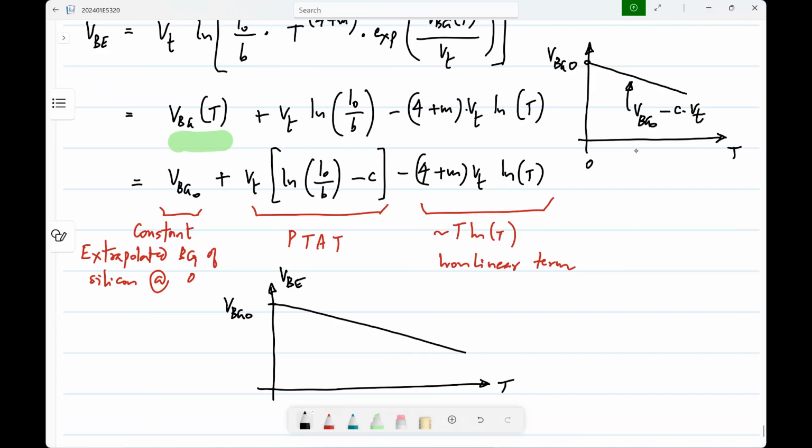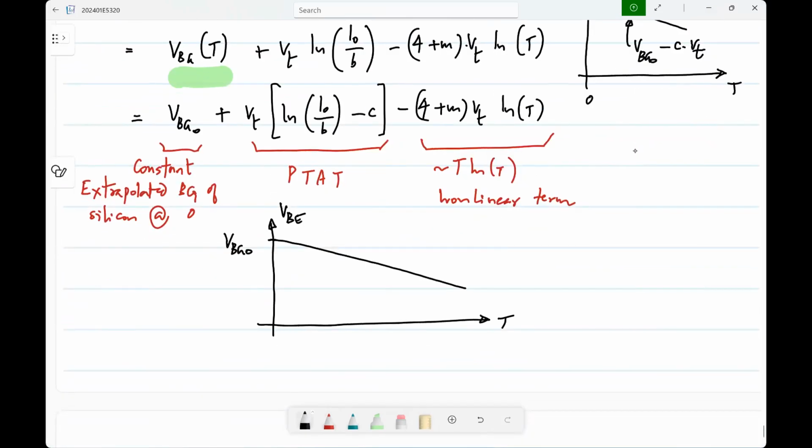Important to remember, this is 0 Kelvin. Of course, we are not going to operate anywhere near there. So let's just consider the regular commercial temperature range, between 273 and 373. What is VBG0? What is the band gap of silicon?